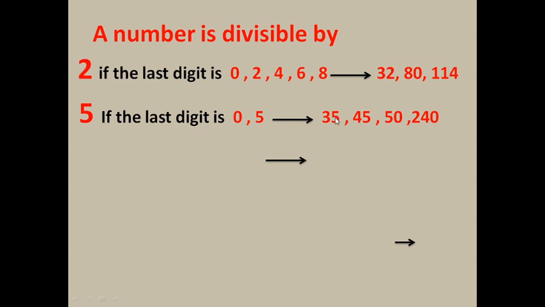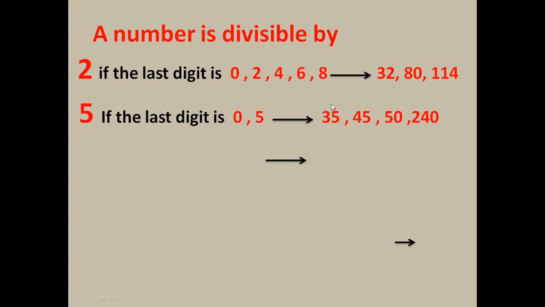How? The last digit is 5 in 35, and 5 also in 45, and 0 in 50, and also 0 in 240. So all these numbers are divisible by 5.